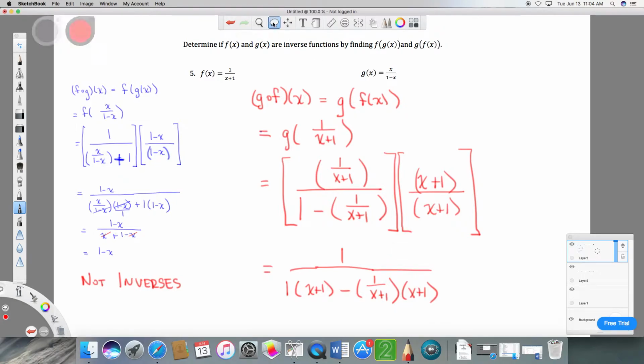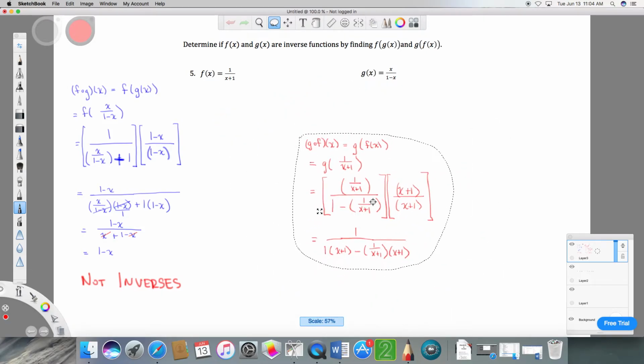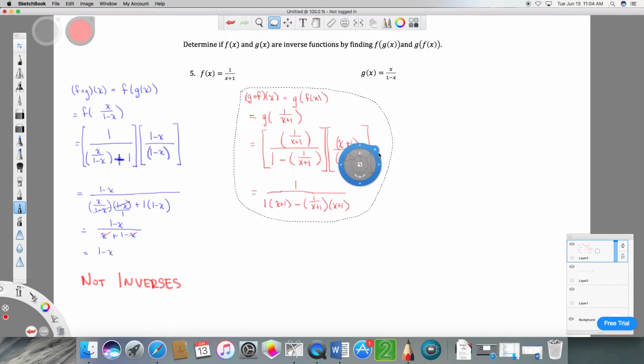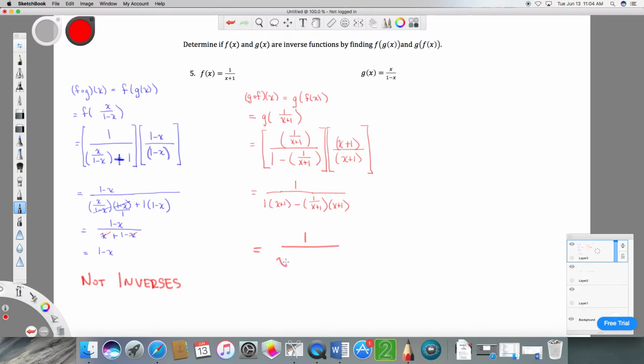And let's give myself a little bit of room here to continue. And let's try to simplify this fraction. So in the denominator, 1 times this x plus 1 is just going to give us x plus 1.